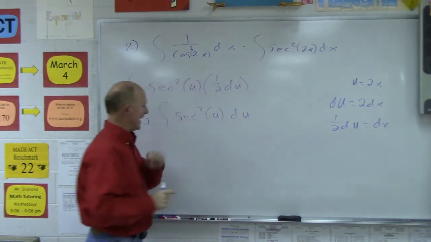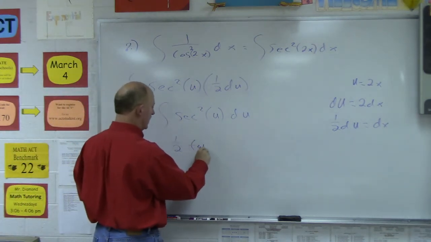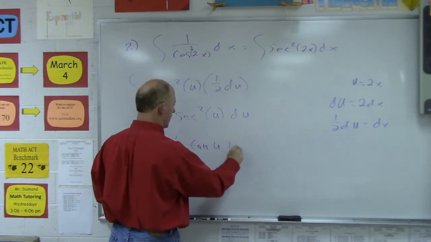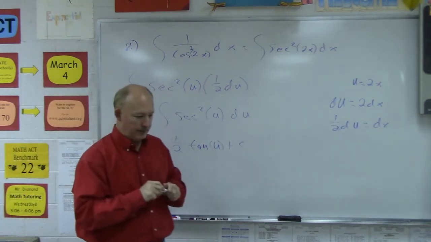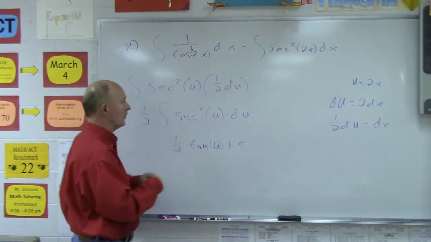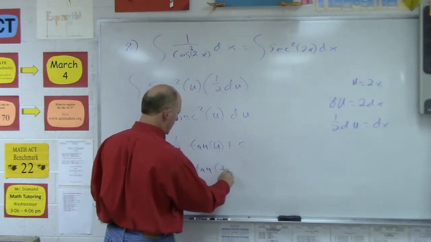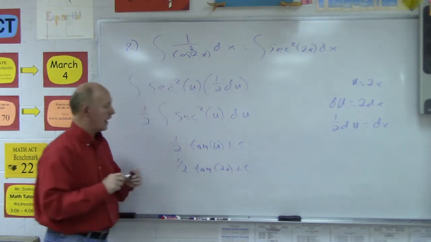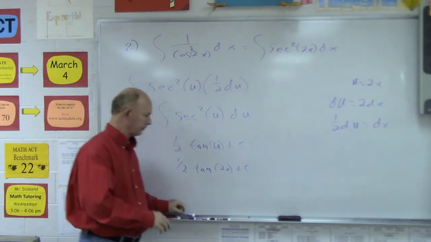Now the antiderivative of secant squared is tangent, so this becomes 1/2 tangent u plus c. Now we have our antiderivative in terms of u. Let's rewrite it back in terms of x. So this becomes 1/2 tangent 2x plus our constant of integration, and that's our indefinite integral.